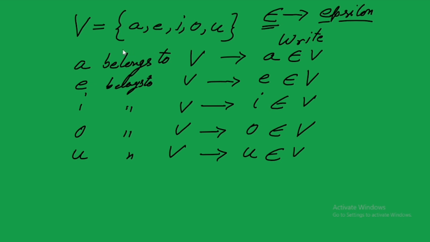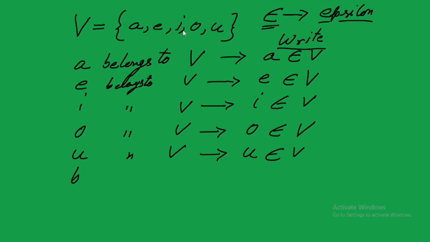When you describe something in a mathematical equation, you write it this way: A belongs to V, E belongs to V, I belongs to V, O belongs to V, U belongs to V. But if you say B belongs to this set V, B is not part of this set, obviously not.